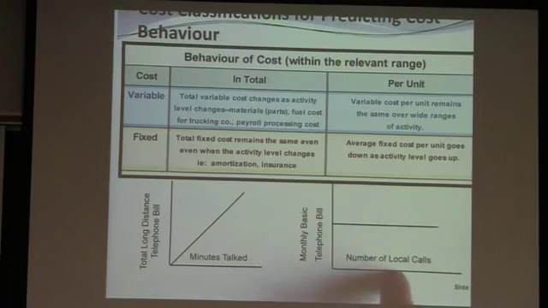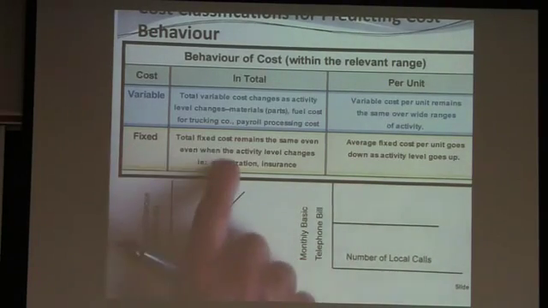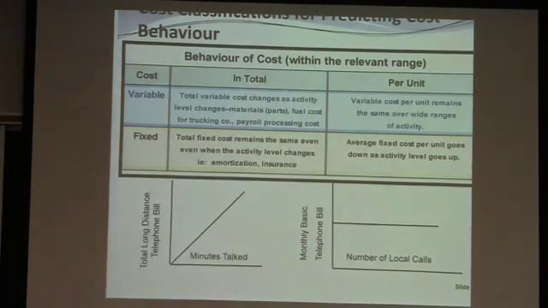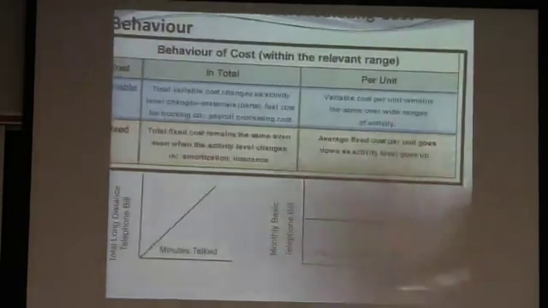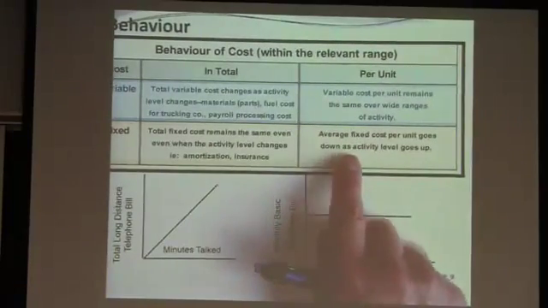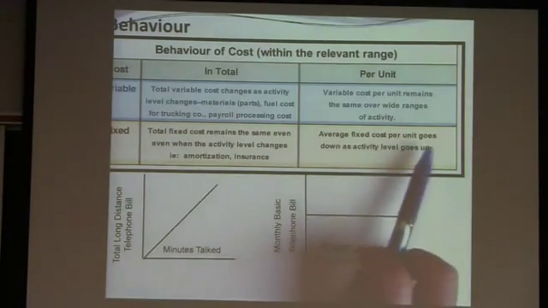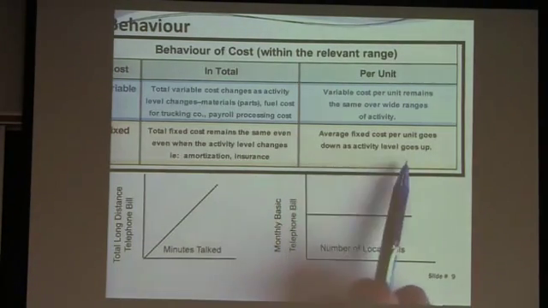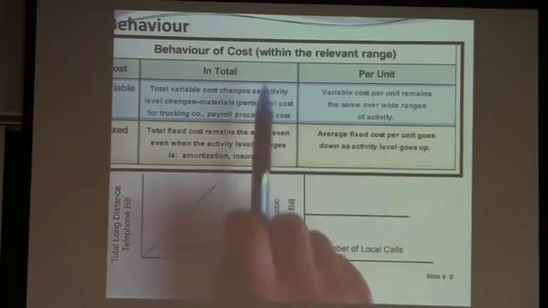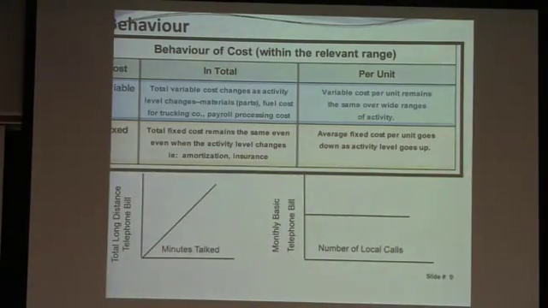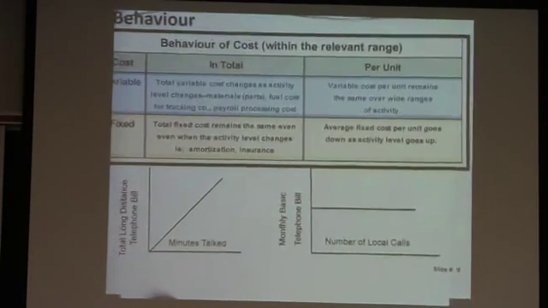Other examples besides the telephone bill would be things like amortization and insurance. The total fixed cost remains the same, but because we base it on the number of activities or units, the average fixed cost per unit goes up or down depending on activity. So that's the difference between the two. Now, when you look at my cell phone bill, why do I care?